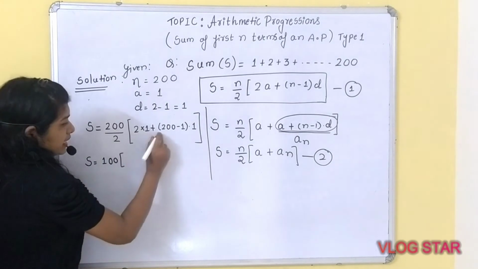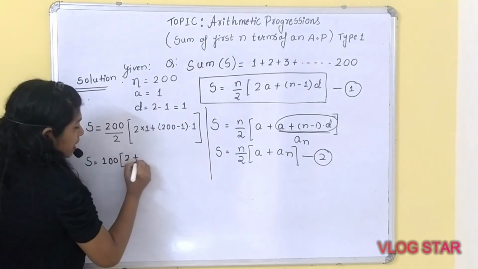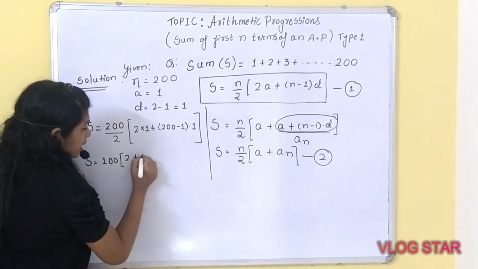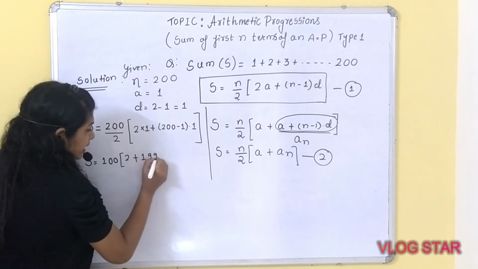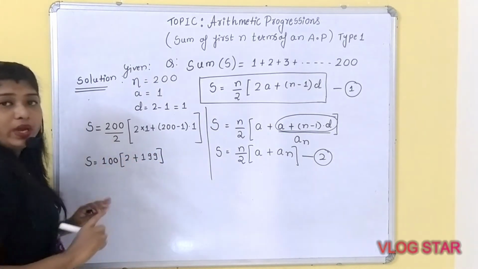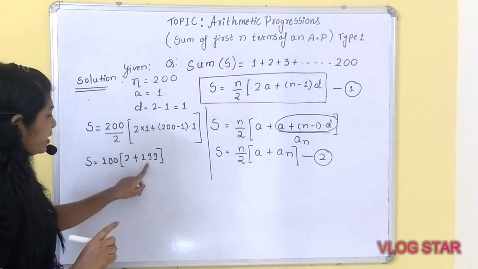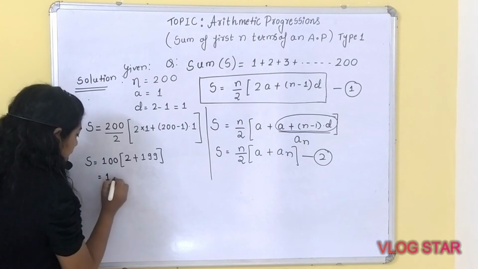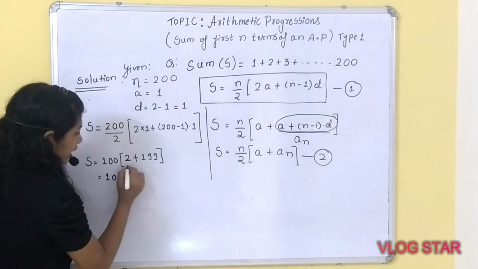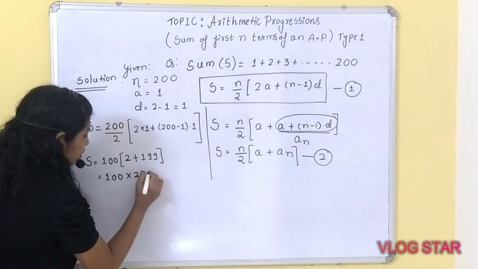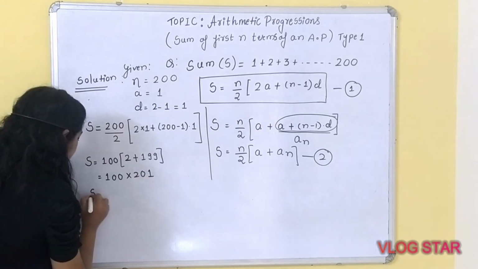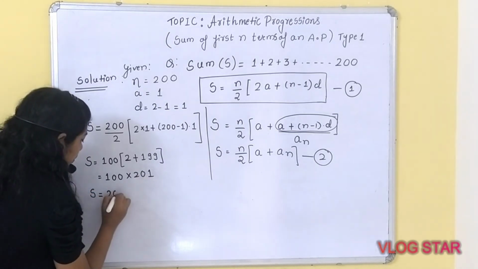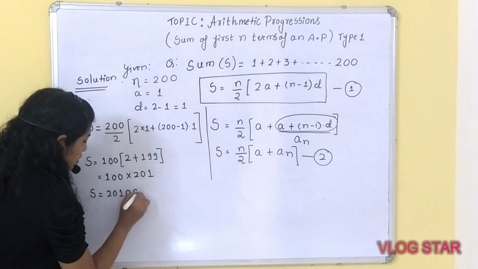Then inside the bracket it is 2 plus 199 into 1, which is 199. 199 plus 2 becomes 201. So 100 into 201. What would be the sum? 20100.